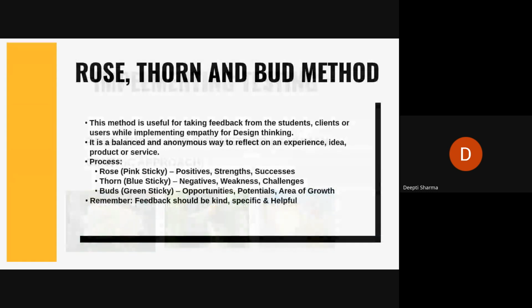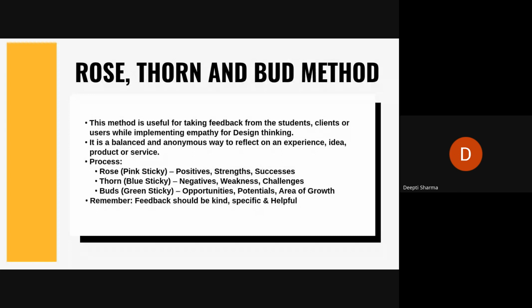The rose, thorn, and bud method is useful for taking feedback from students, clients, or users while implementing empathy for design thinking. It is a balanced and anonymous way to reflect on an experience, idea, product, or service.